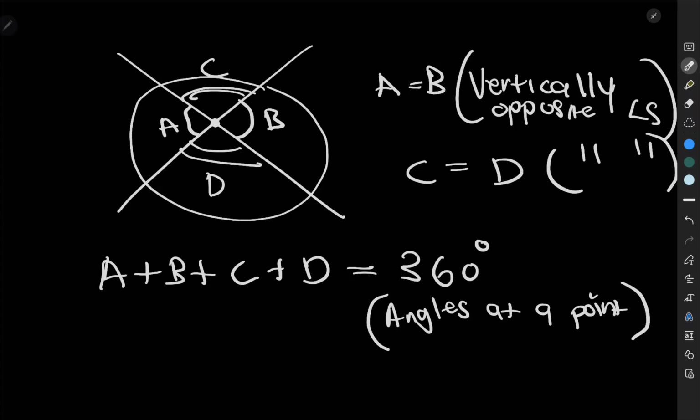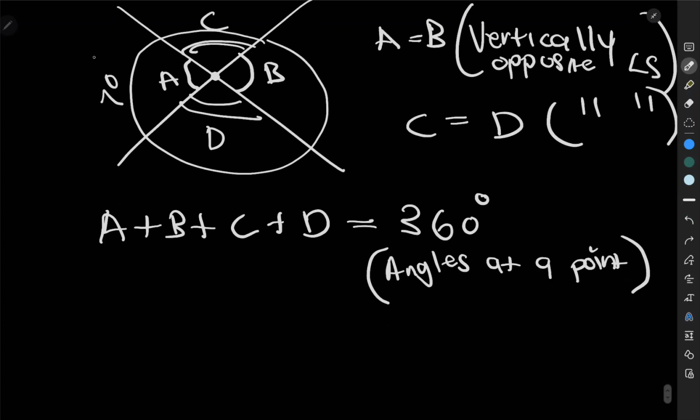So angles at a point, if you add them together, they will give you 360 degrees. So here in this case, let's make it a bit more difficult, and let's say you're only given the value of A, and you're told that it's 70.